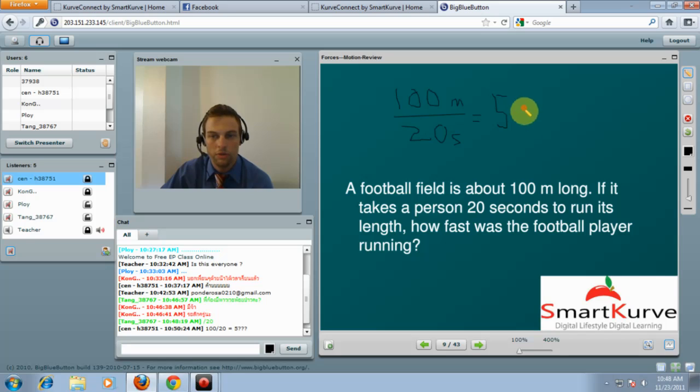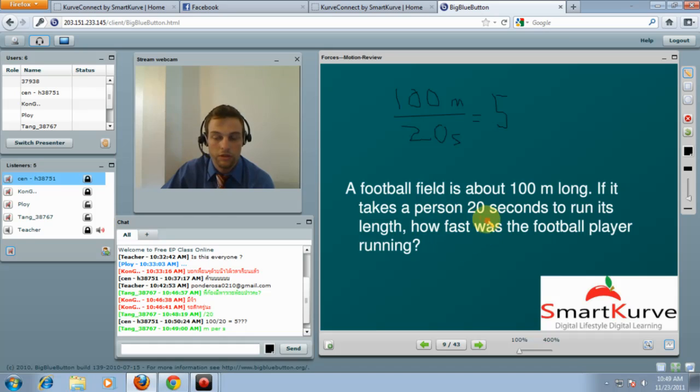What are the units? What am I going to write here? Oh, yes, yes, it is. So can anyone describe to me the units for speed? We're talking about just distance over time. Meters per second.